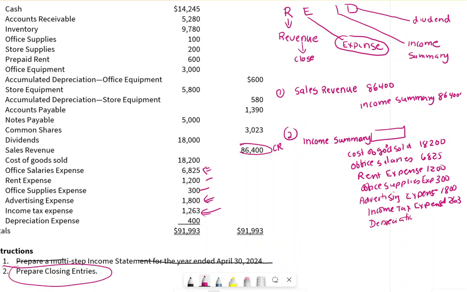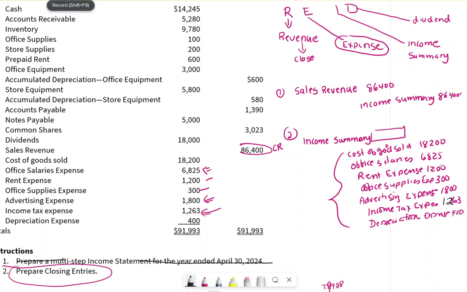Anything that sits on your income statement, everything needs to be closed other than the subheadings. So you add up all your expenses, and you are going to have a number, and I don't know the number. I have to get a calculator to do that. Just give me 2 minutes.